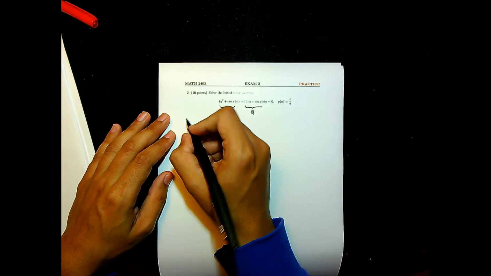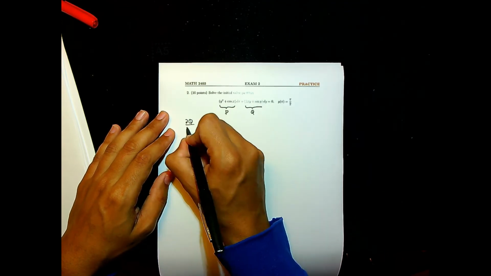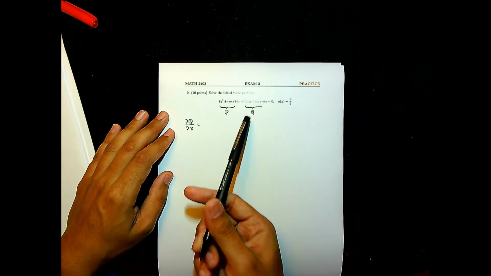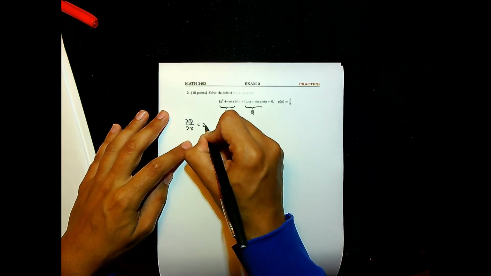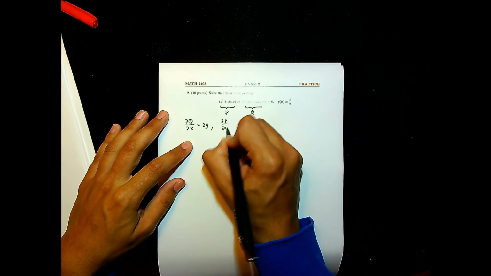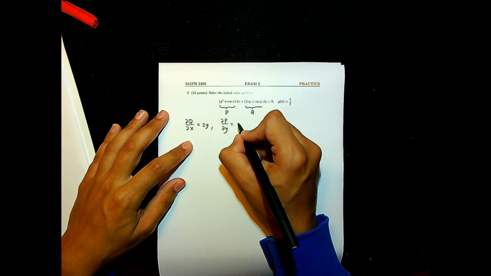So start by finding the partial derivative of Q with respect to x. That is going to be 2y. And now let's find the partial derivative of P with respect to y. That is going to be 2y.